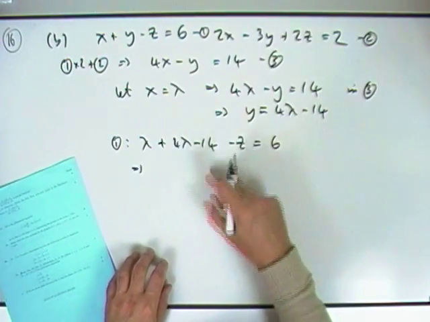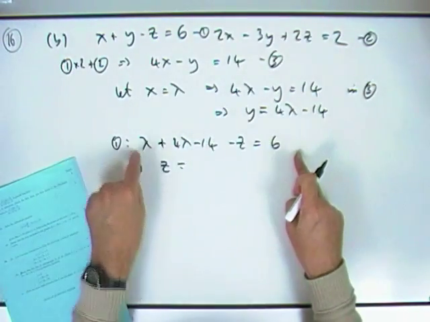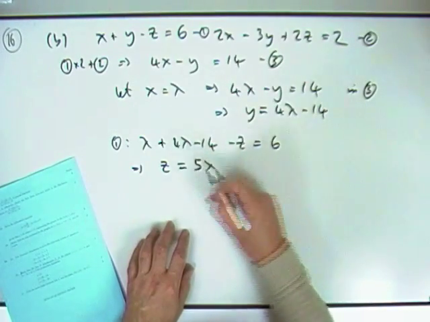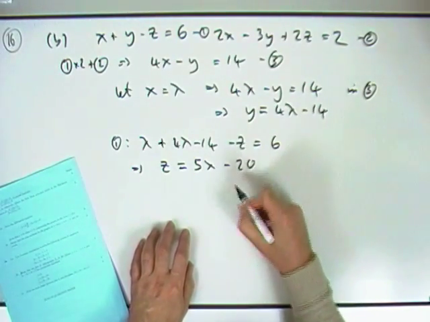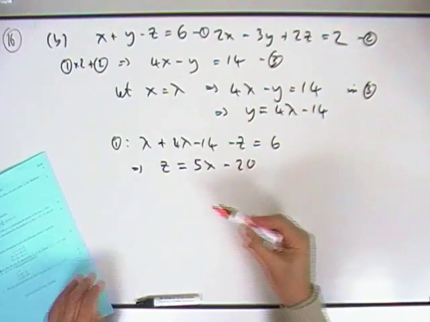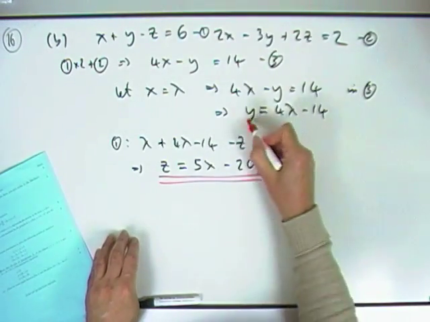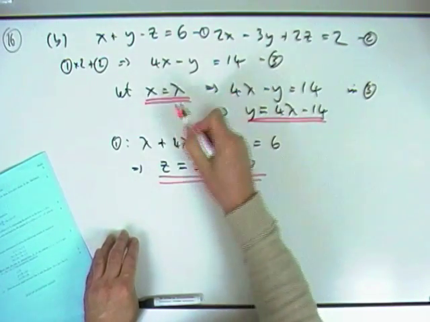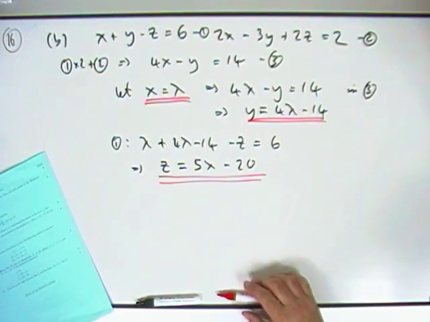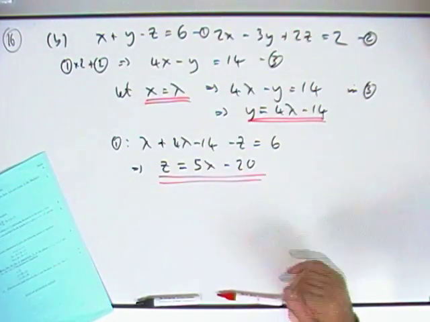Take the 6 over, so z would be 5 lambda minus 20, which is much easier, of course. Now that's more like 2 marks worth, rather than that other part, finding the line and then the new point on it.